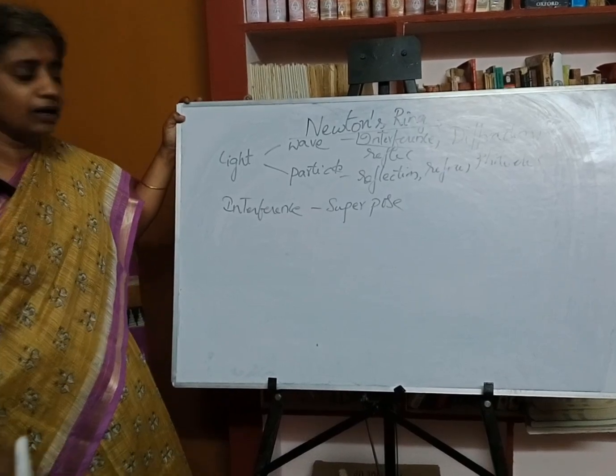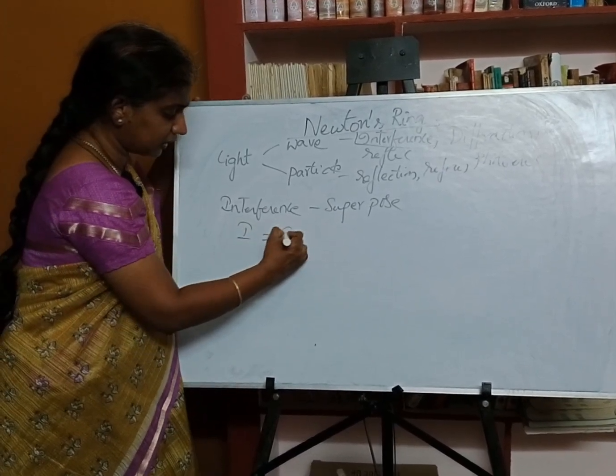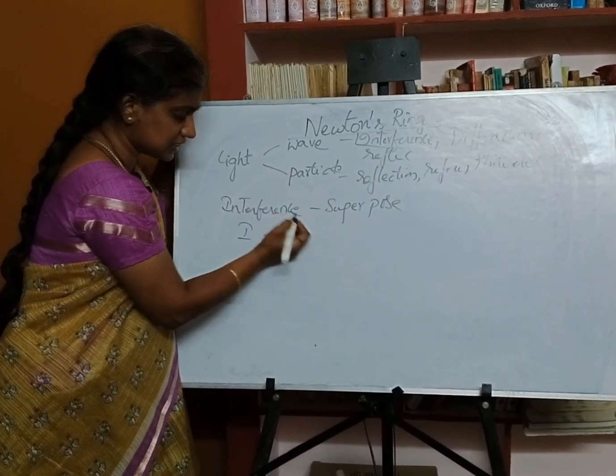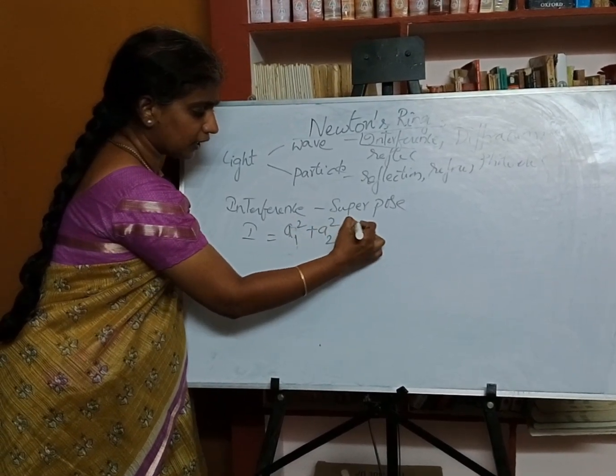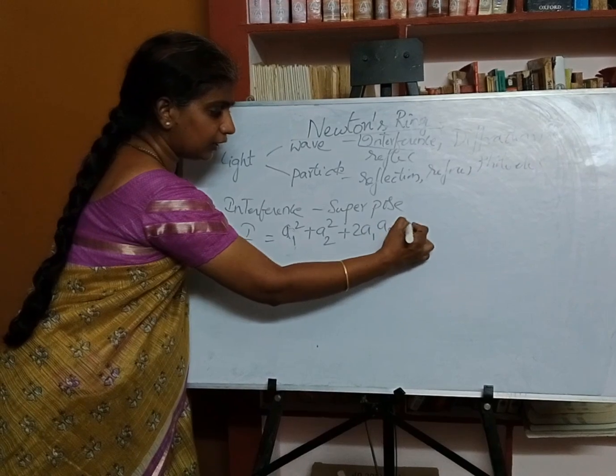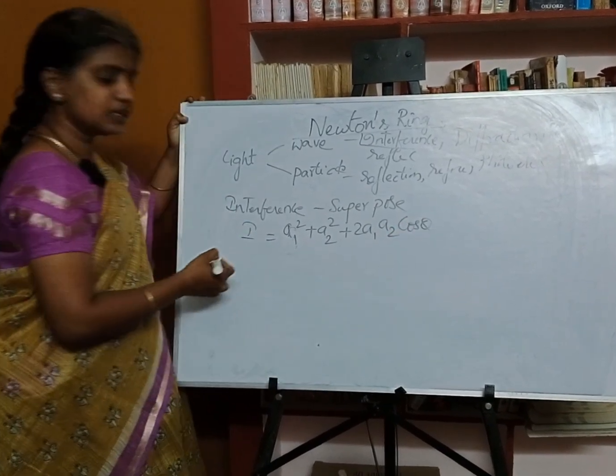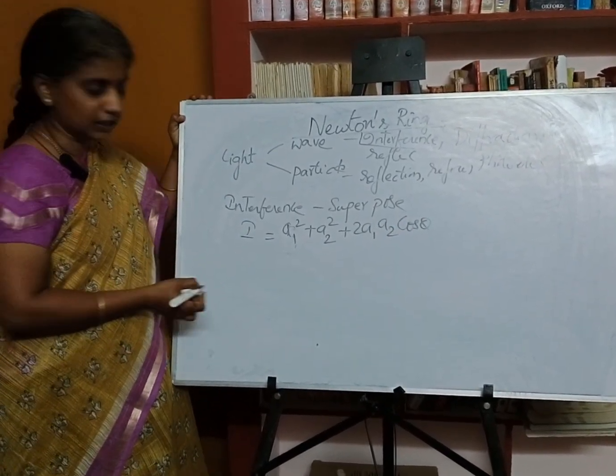We have seen the formula for resultant intensity: I equals A1 square plus A2 square plus 2 A1 A2 cos theta.